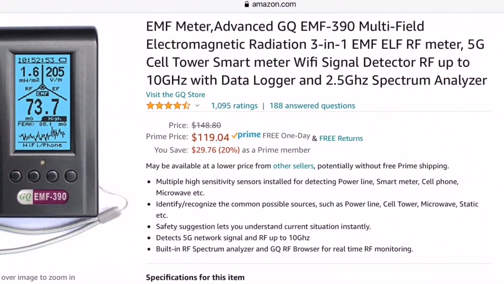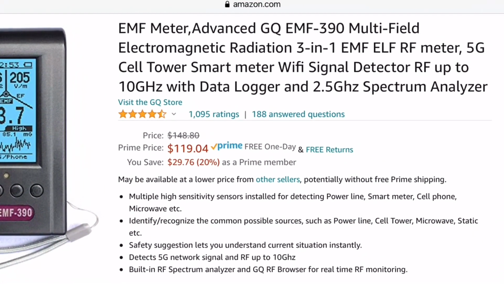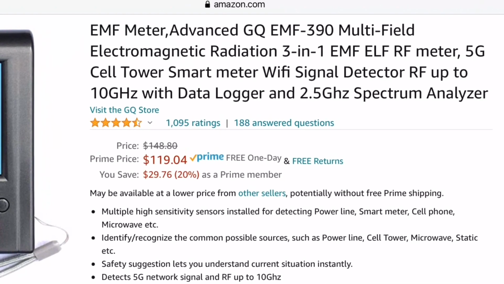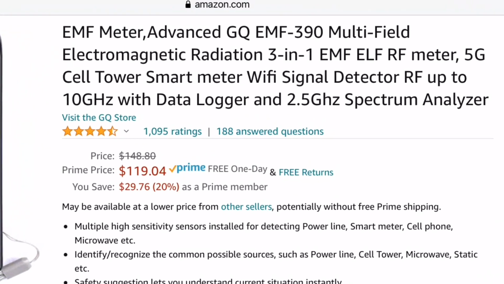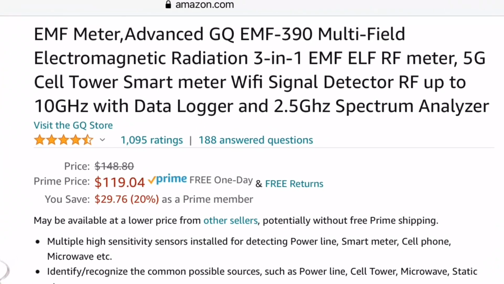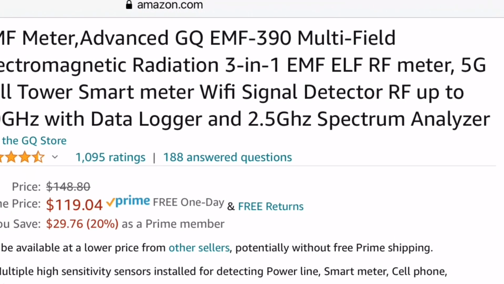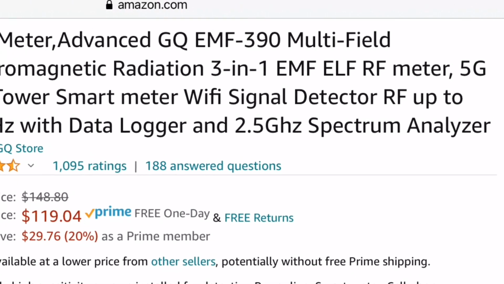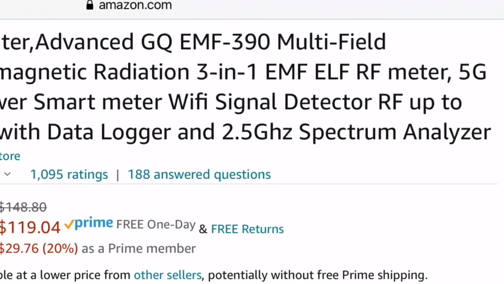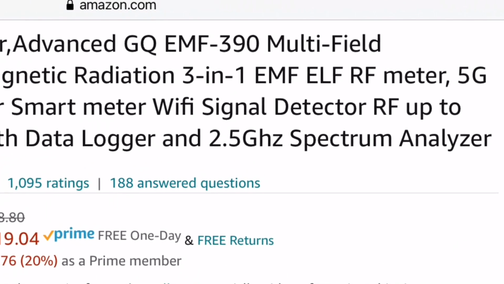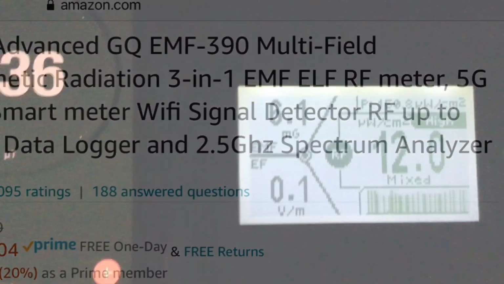The type of meter that I'm using is one of the meters. This can be purchased on Amazon. It's the electromagnetic meter Advanced GQ EMF 390 multi-field electromagnetic radiation 3-in-1. It's not only electromagnetic fields, but extremely low frequencies or low fields, as well as RF fields.